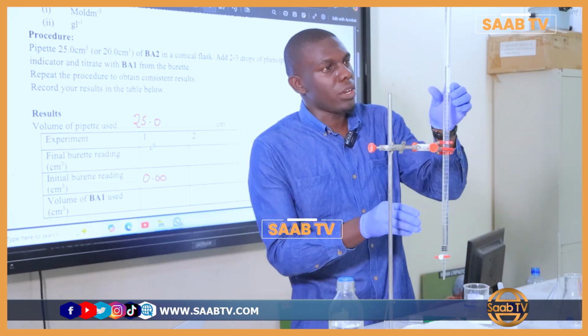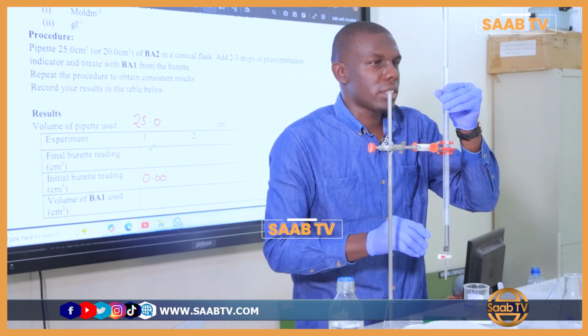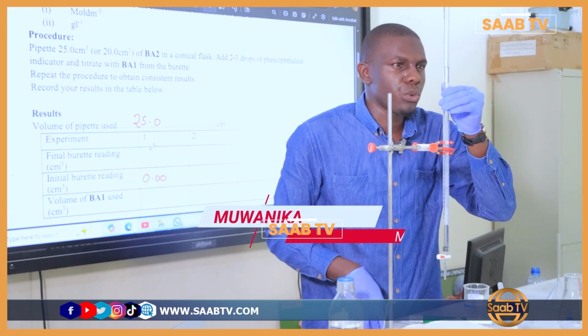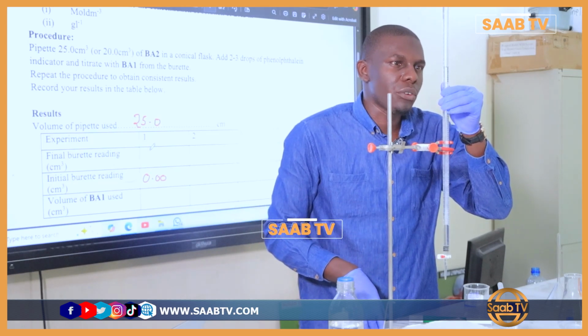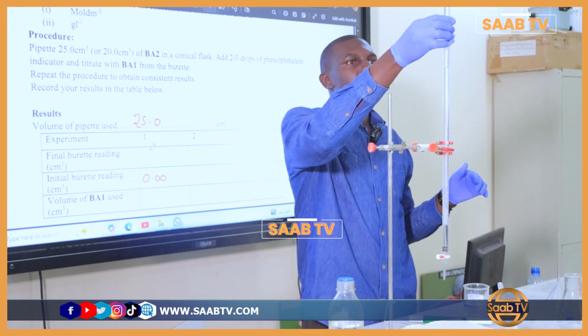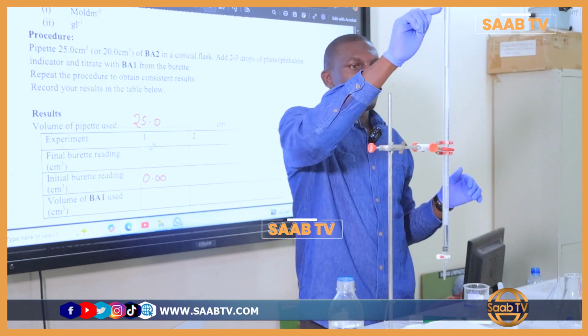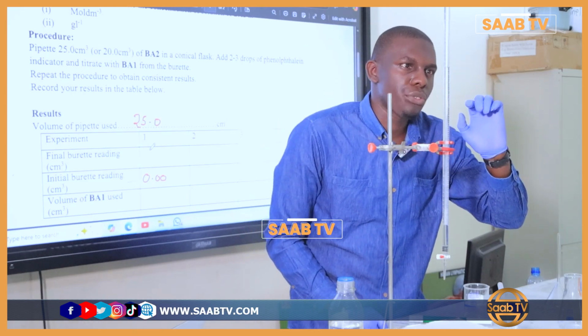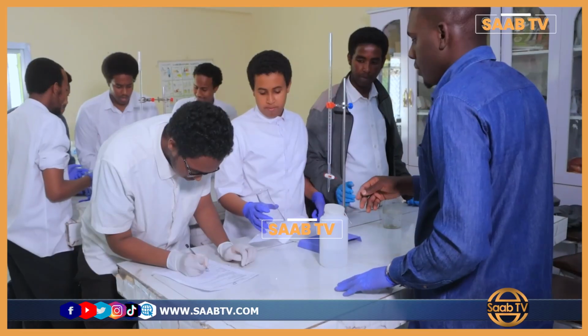So we check the final reading. On my burette it's around 11.3. So when you're reading the burette, you read the down meniscus. The burette increases from up. Up there is 0, so you read it going downwards. So I've stopped at 11.3, according to the down meniscus.